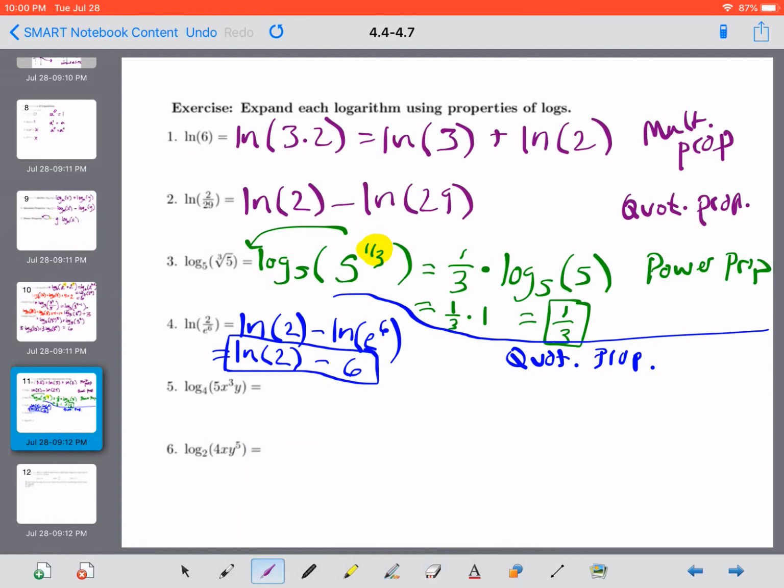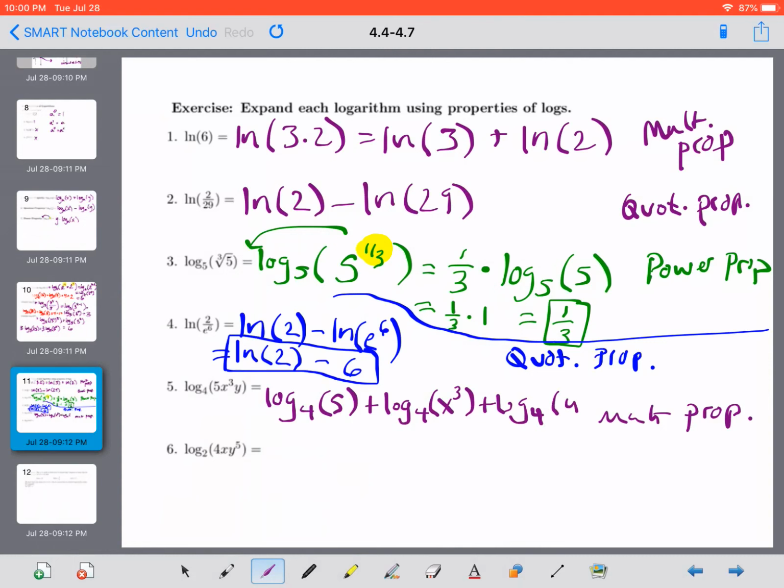But we could use that multiplication property to break this up into 3 different logs, because I'm multiplying 5 times x cubed times y. So I can rewrite this as log base 4 of 5 plus log base 4 of x cubed plus log base 4 of y.